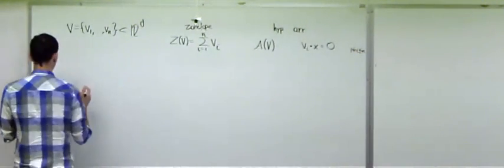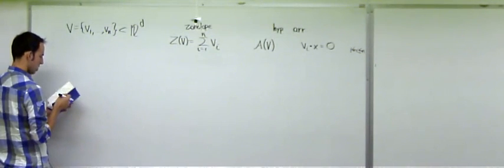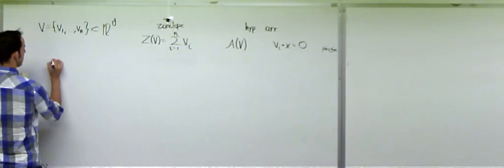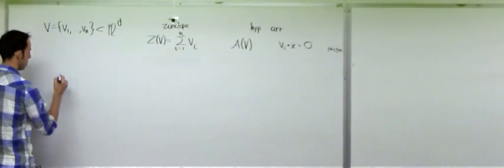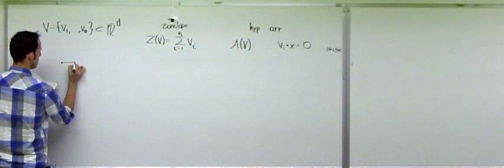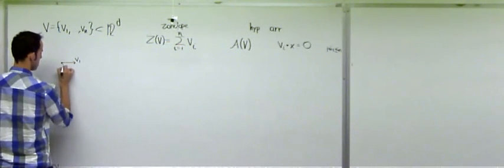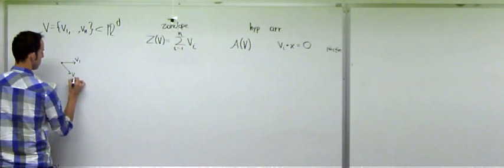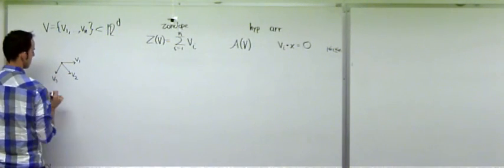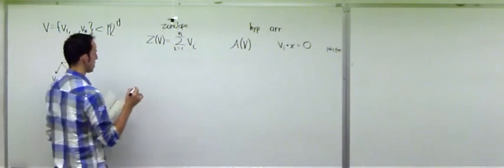And so we've done some examples of this. And for example, if you have here's v1, here's v2, and here's v3, then the zonotope looks like this.